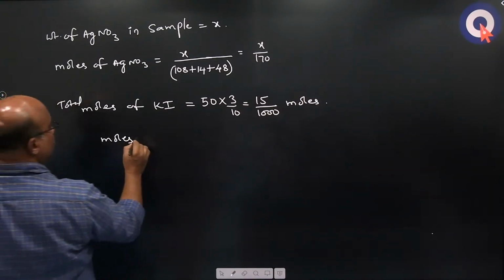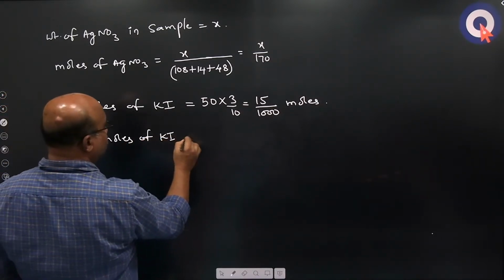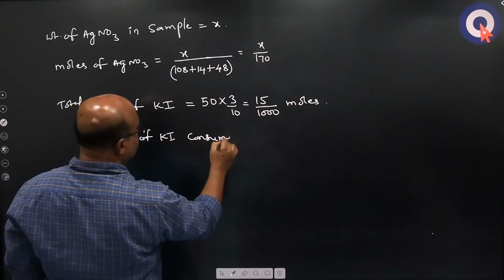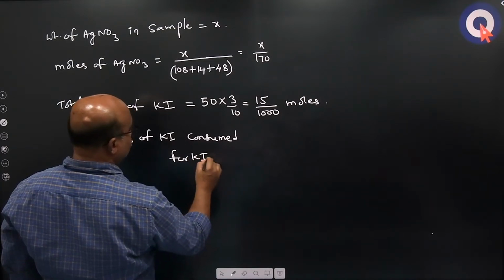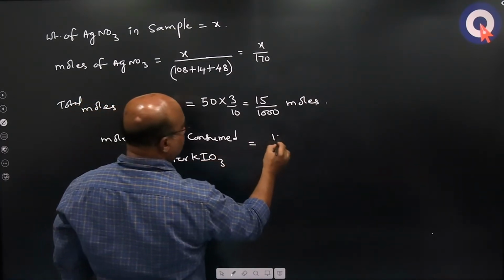Moles of KI consumed for KIO3 is 10 by 1000.